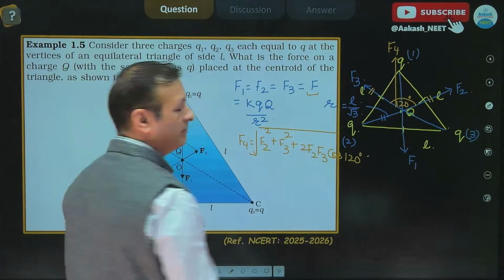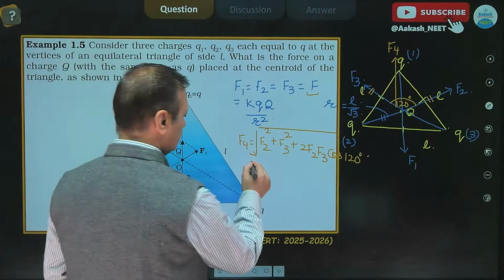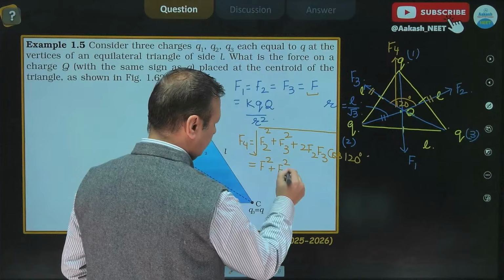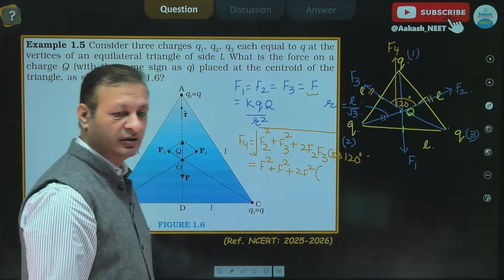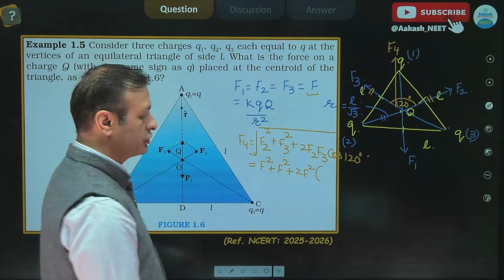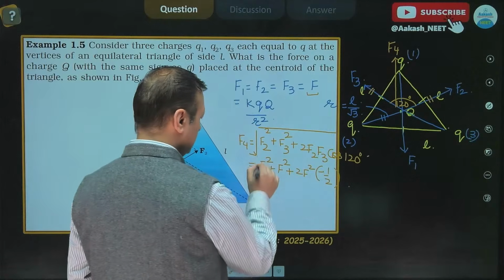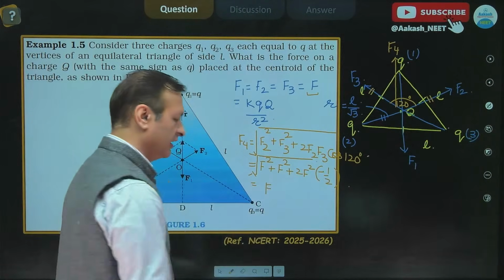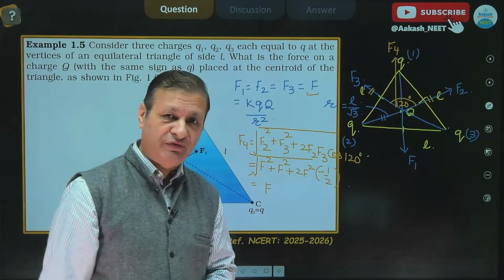Just to minimize the mathematical calculation, we can simply put each as F. So this is F squared plus F squared plus 2F squared cos 120. Do we have an idea about what cos 120 is? It is minus 1 by 2, and when you find the resultant, it comes out to be F only.